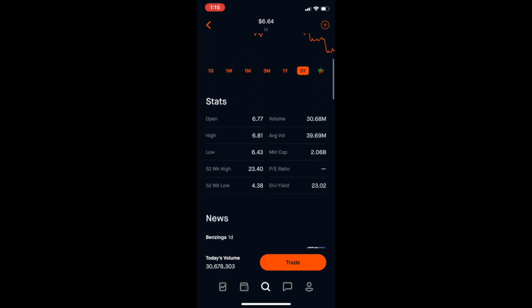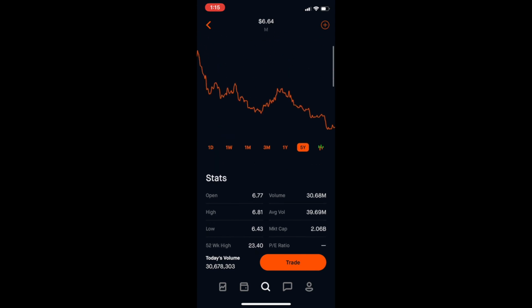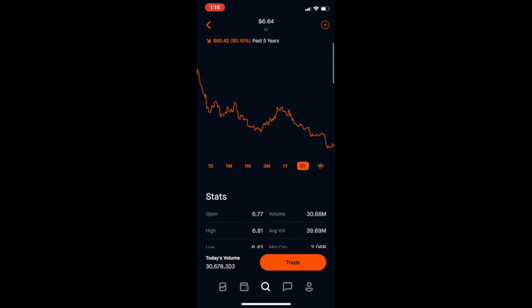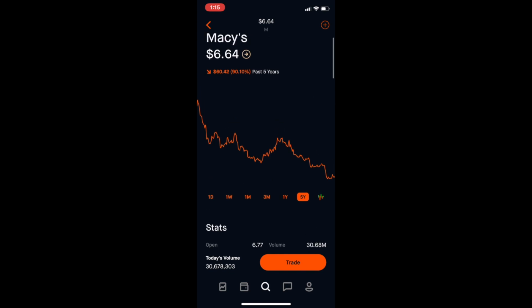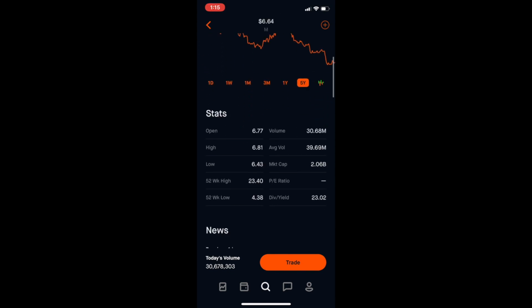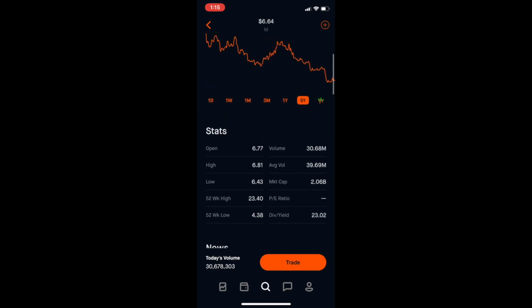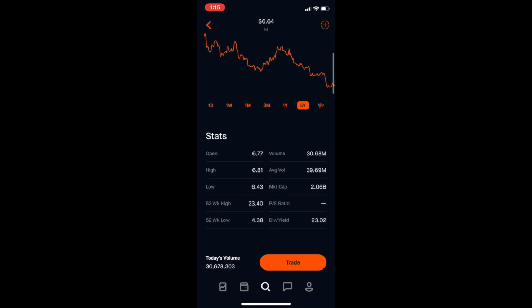Even though you might be getting 23% yield, that won't equate to the amount of money that you're losing in value in the stock, because the stock is rapidly losing value yearly, and hence they're trying to entice you to buy more stock by giving you more yield.